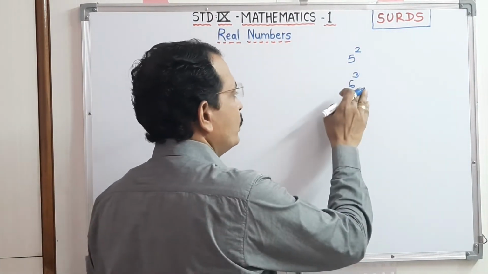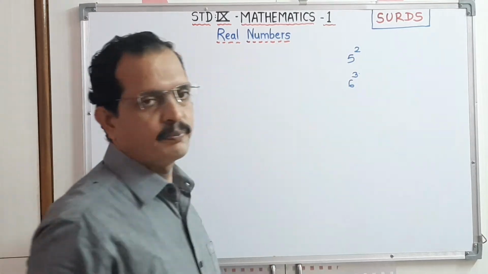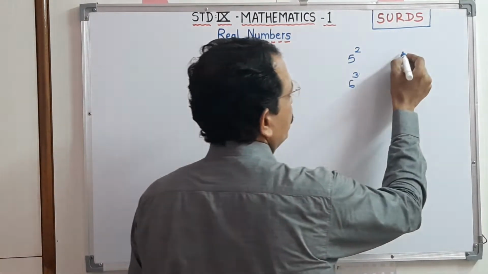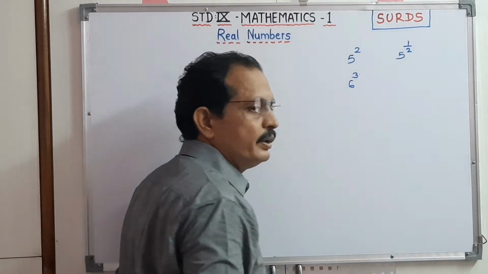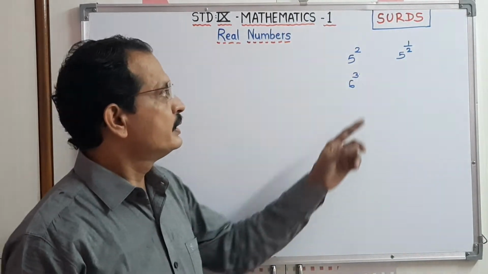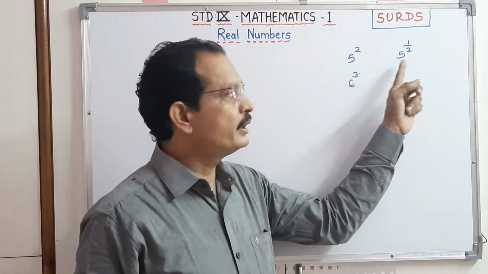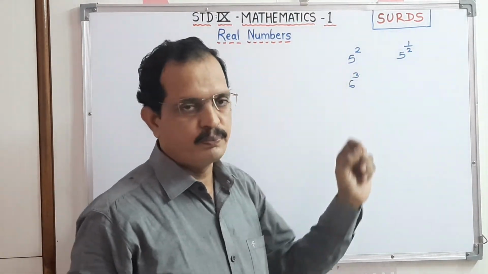Now there is another method. Suppose I write here 5 raised to 1 upon 2. Here the difference is, here the index is 2 and here the index is 1 upon 2.